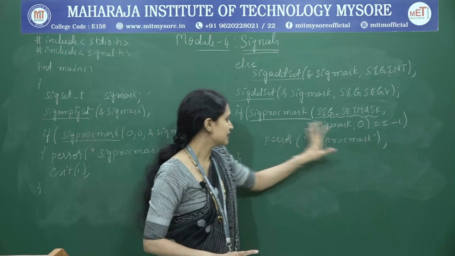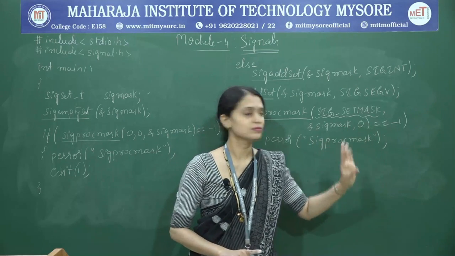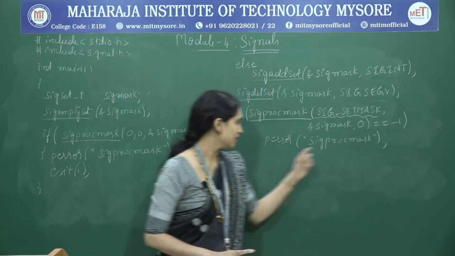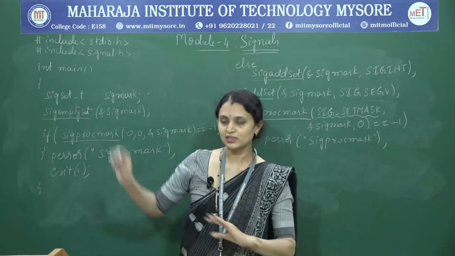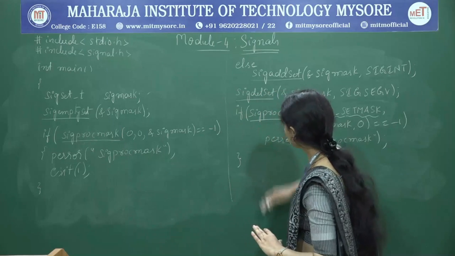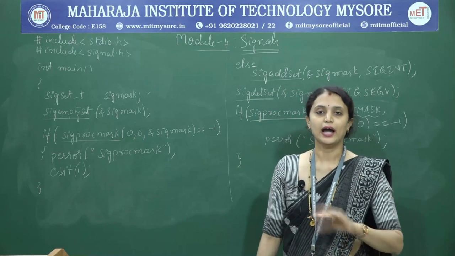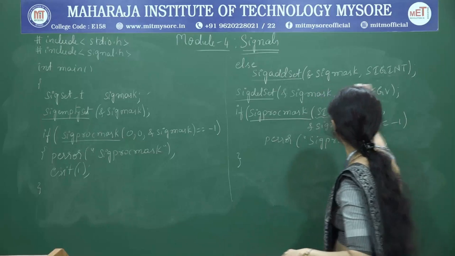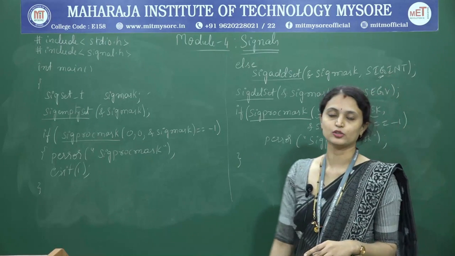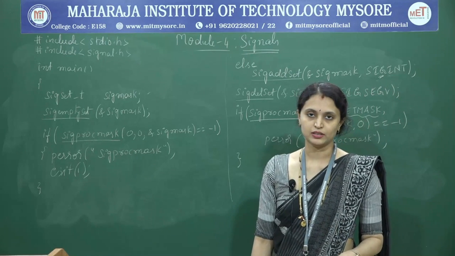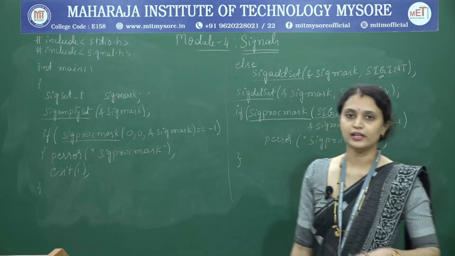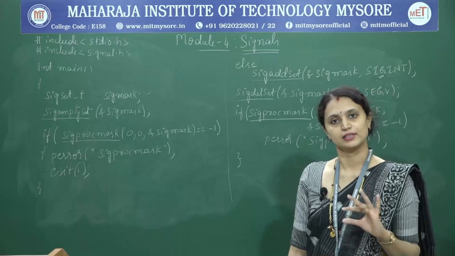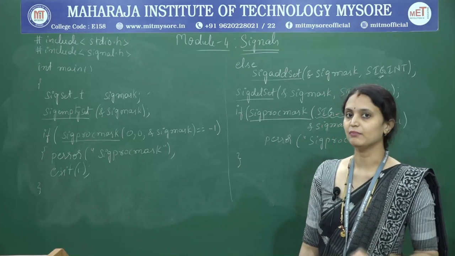If it is executed successfully, no problem. If it is -1, then I am printing the error message. So this entire program will add the interruption signal SIGINT to the signal mask, and also it will clear the segmentation fault signal from the signal mask.